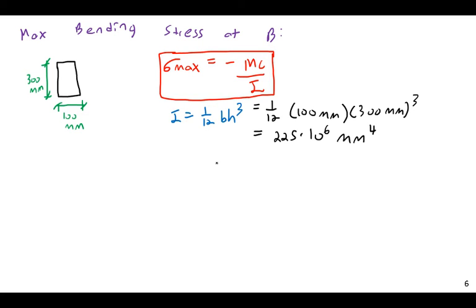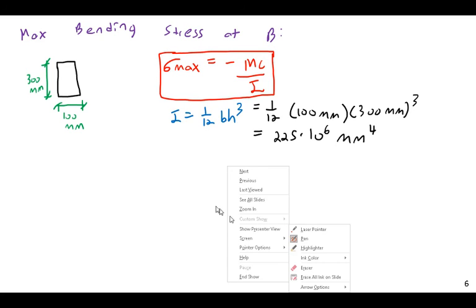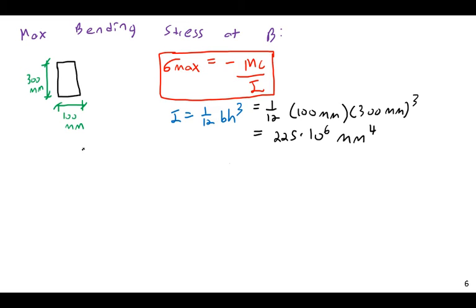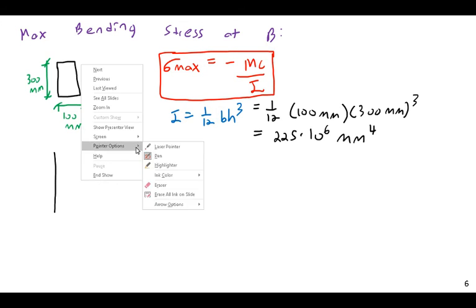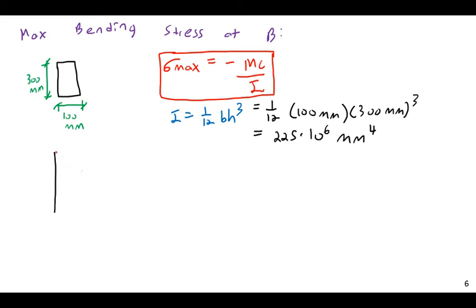Okay. So if I then plot out the stress, it's going to look something like this. The stress is going to go in the opposite direction of the moment. As we derived previously, if the moment was counterclockwise, the stress is going to be clockwise.